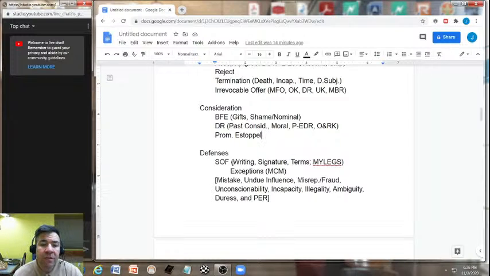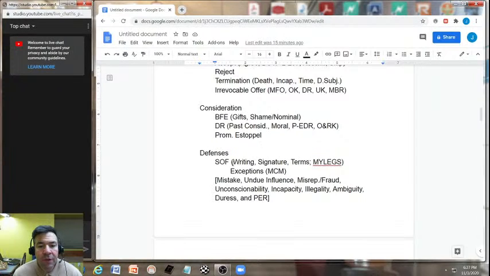Now, we're also looking to see exceptions. Let's look into the exceptions. What would be the exceptions for the marriage type contracts? That would be mutual agreement between the parties. The exception to the 1 year rule, contracts that by their terms cannot be completed within 1 year, would be full or complete performance by one of the parties.